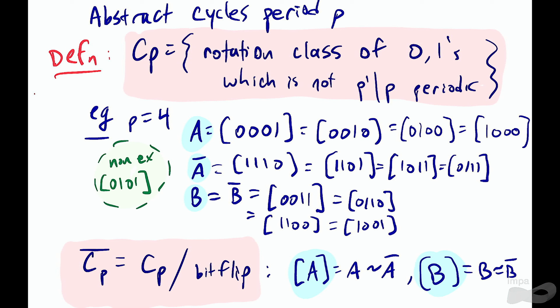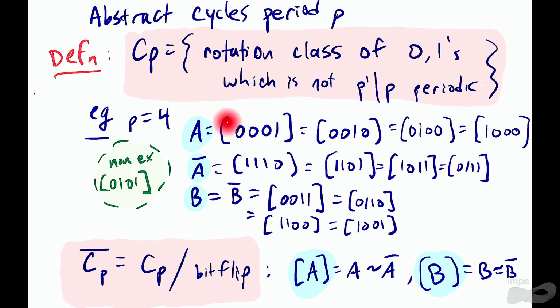So for instance, 0, 1, 0, 1 does not count in the set C4 because 0, 1, 0, 1 is just 0, 1 repeated twice. And then you're allowed to take all of the rotations of this. So 0, 0, 1 is in the same cycle class as 0, 1, 0, which is the same as 1, 0, 0. Okay, so this is some set C_p.